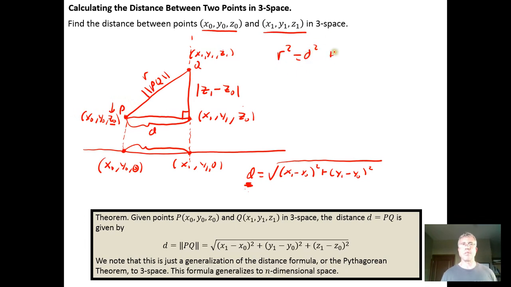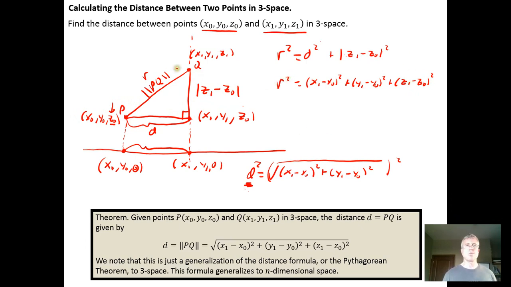It's going to be d squared plus the absolute value of z1 minus z naught, and we square that, and if we're squaring it, we don't need the absolute value sign. And so ultimately we replace d squared with, taking the square of both sides, the stuff on the inside: the x1 minus x naught quantity squared, plus the y1 minus y naught quantity squared, plus z1 minus z naught quantity squared, where we get to drop the absolute value because of the squaring.